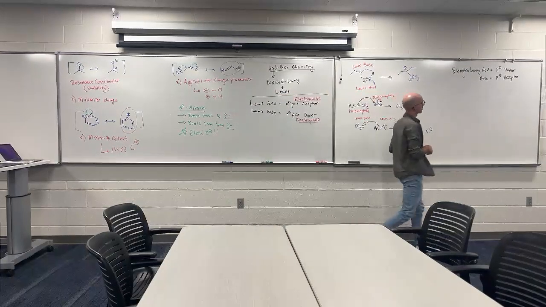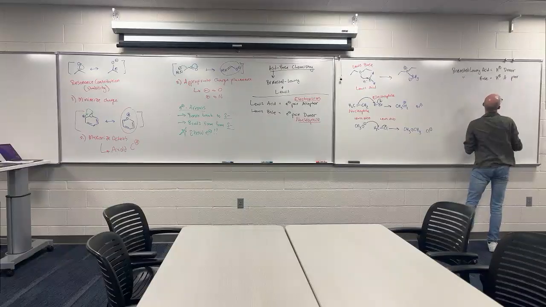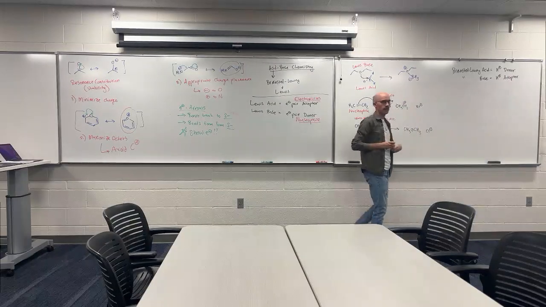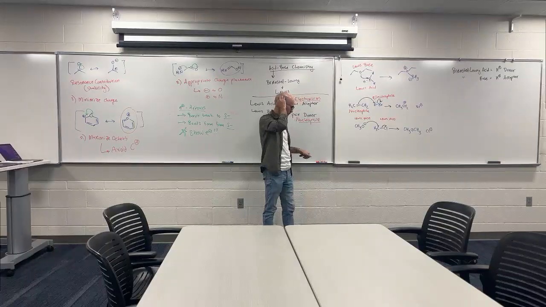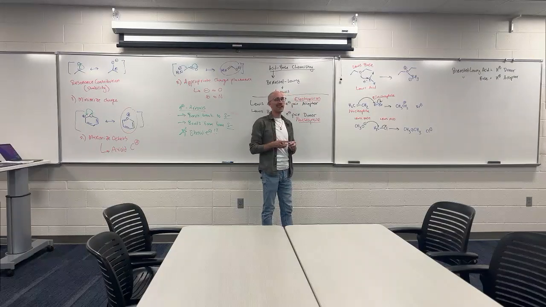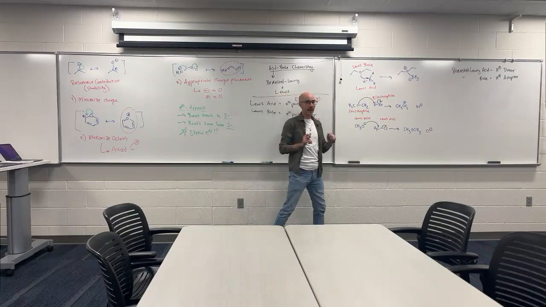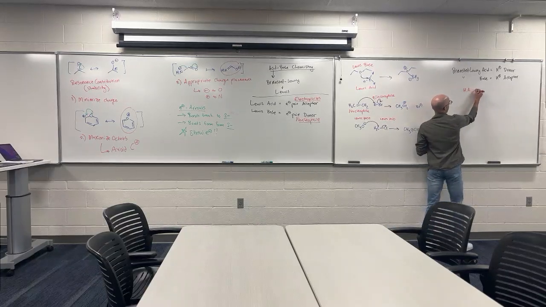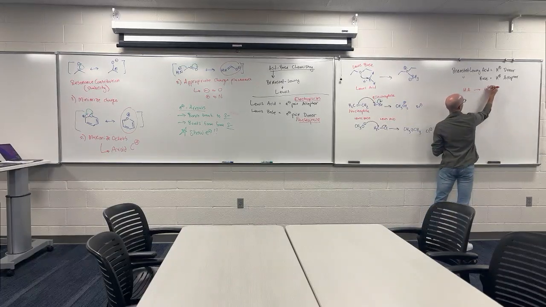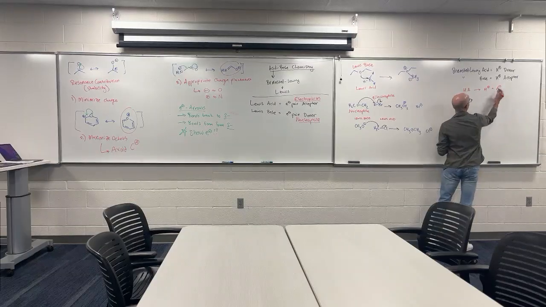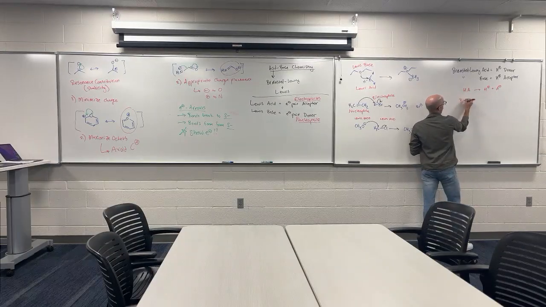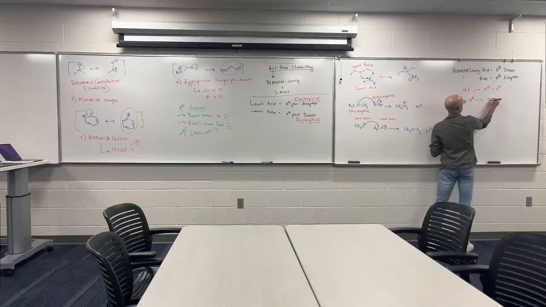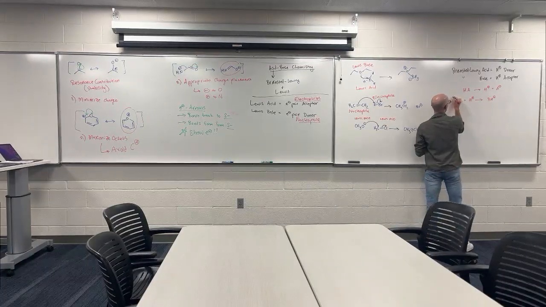Sorry, my acceptor looks really cruddy. So we can write a generic equation here that says HA becomes H plus and A minus, and B plus H plus becomes BH plus.